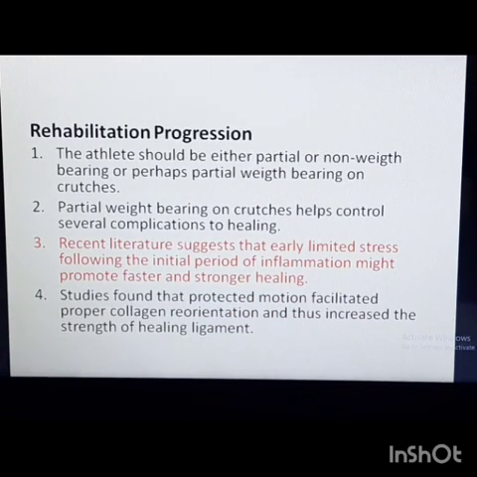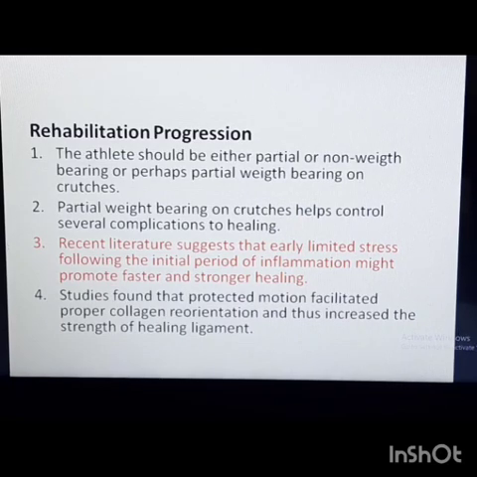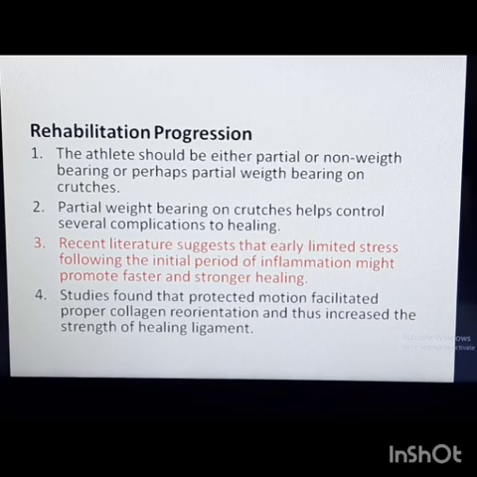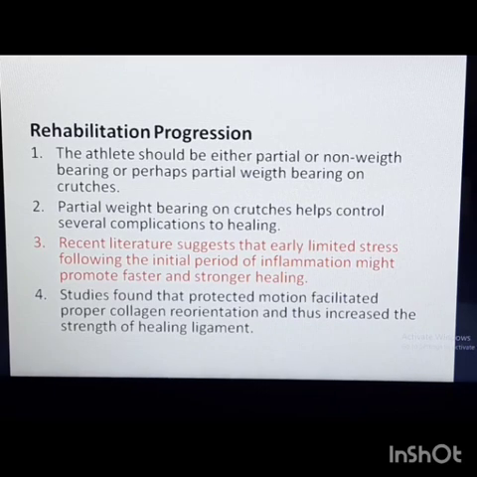Now, how to progress with the rehabilitation? That's another important area of concern. The athlete should be either partial or non-weight bearing, or perhaps partial weight bearing on crutches. Weight bearing has its own importance. Literature suggests that early limited stress over the initial period of inflammation might promote faster and stronger healing.